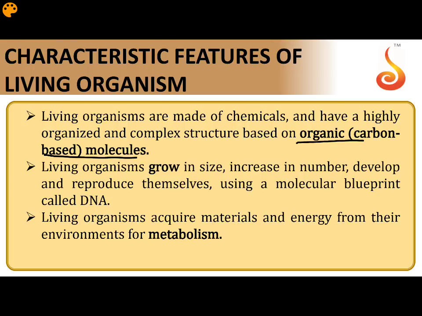Just now I have told you what are the organic components we have in our body: carbohydrates, proteins, lipids and nucleic acids. These are very important complex substances which are present as chemicals in our body. So, the first characteristic feature is that when these chemicals are present and they form into cell, the organism or the substance could be living.